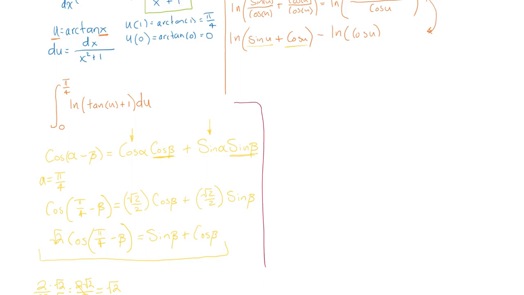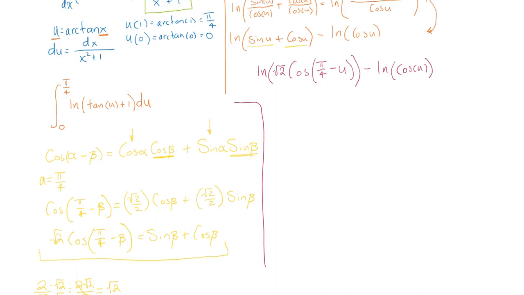Okay, so we have the natural logarithm of root 2 times cosine of pi over 4, and now this isn't minus beta but rather minus u, and then this is minus ln of cosine of u.